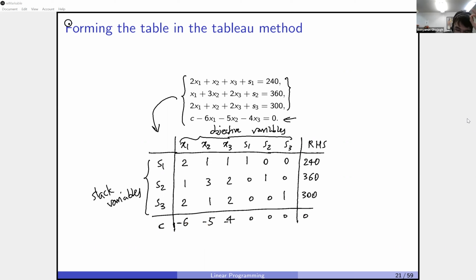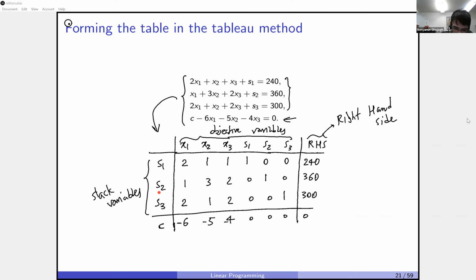By the way, the cost here is minus 6. When you choose the order, you should take care. So this is 2x1, 1x2, 1x3 plus 1s1 plus 0s2 plus 0s3 equals, this means right-hand side, 240.